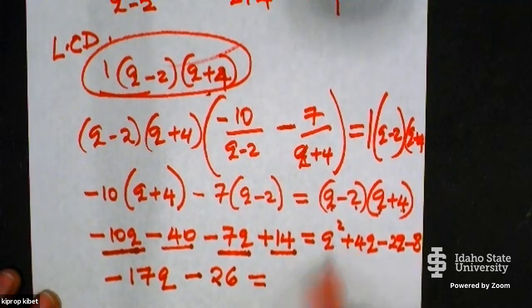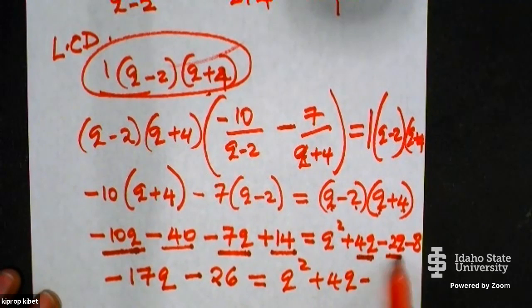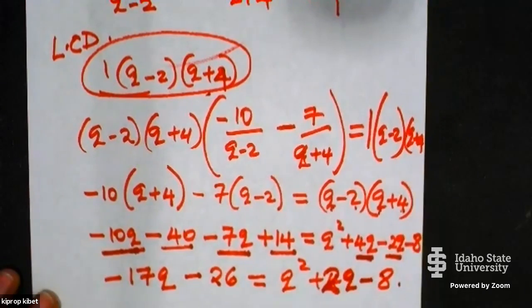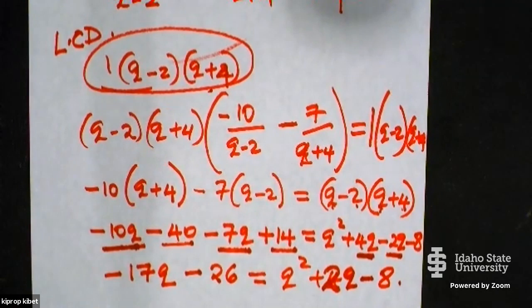Equals q squared plus 4q minus... So minus 4q minus 2 is 2q. Minus 8. Again, you simplify.